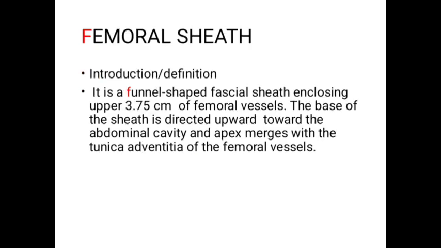So for femoral sheath, all you need to know about it is that it is a funnel shaped fascial sheath enclosing the femoral vessels. So it covers the femoral vessels up to 3.75 cm. It is a funnel shape.